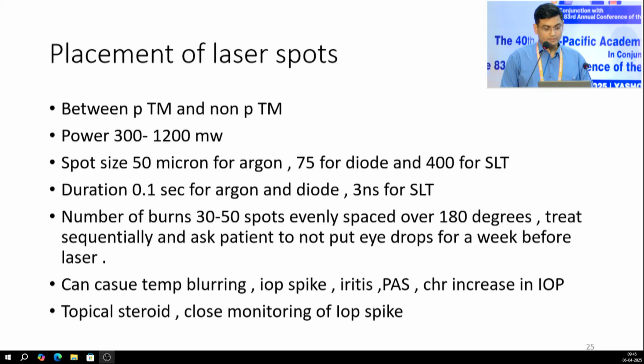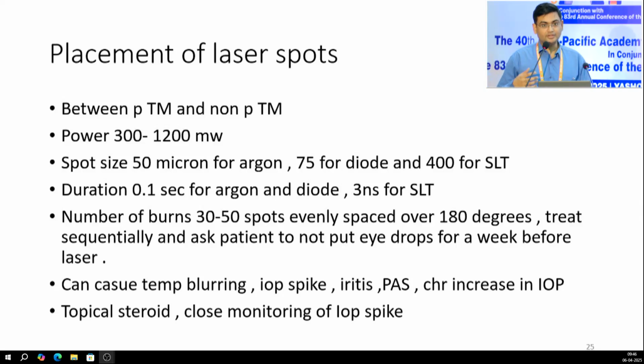In laser spots, if you are using the power, it should be around 300 to 1200 milliwatts. The spot size should be around 50 micron for argon and 75 for diode lasers. Duration should be 0.1 second. You can give 30 to 50 spots evenly spaced over the 180 degrees.